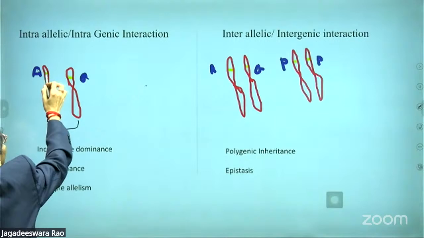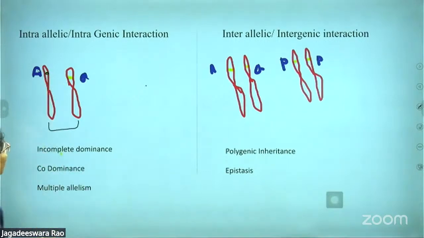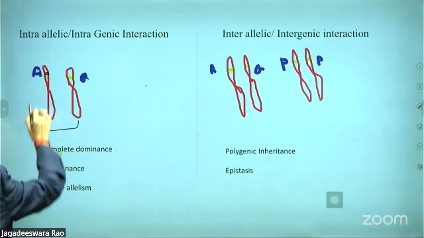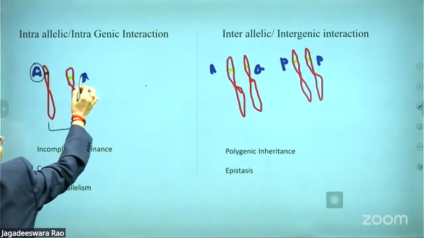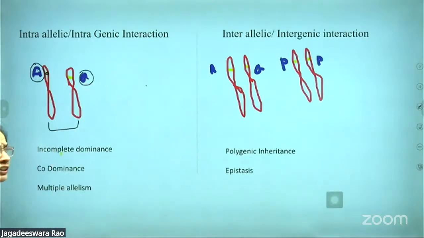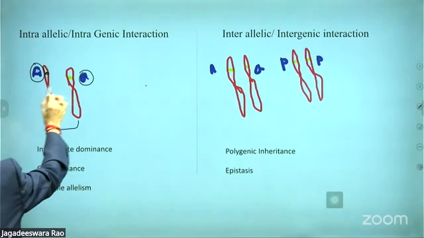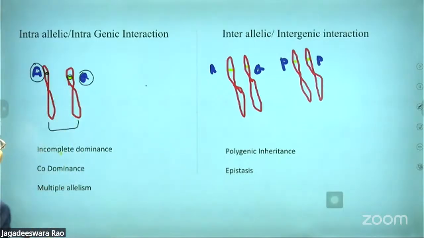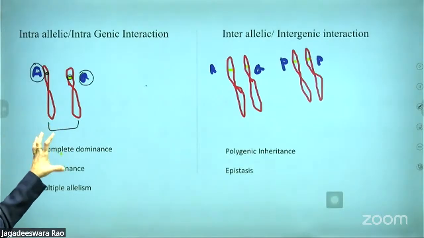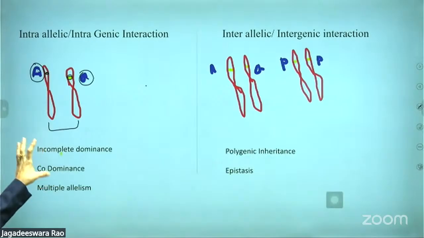Suppose at this particular location we can see the axial position of the flower, and here we can see the gene for a terminal position of the flower. You can see both are alleles of a particular gene, present at the same position.